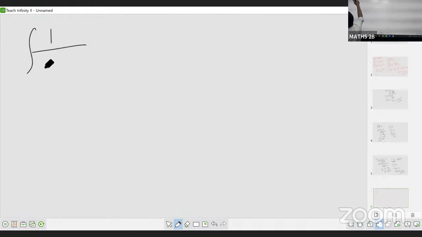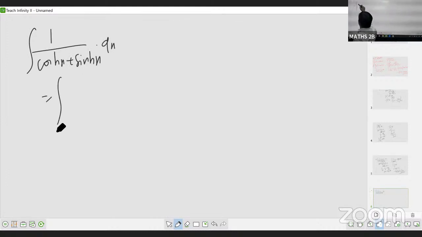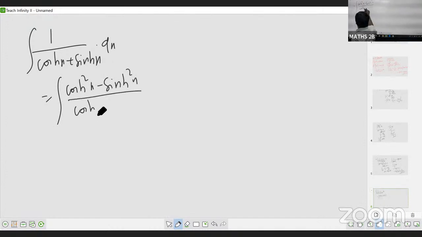Integration of 1 by cosh x plus sinh x dx. 1 I am going to write as cosh square x minus sinh square x divided by cosh x plus sinh x.